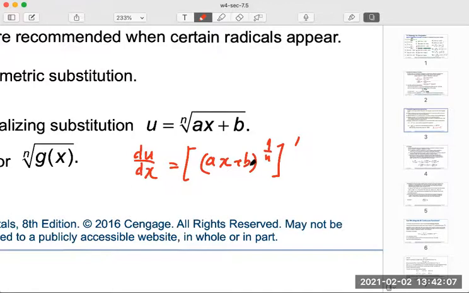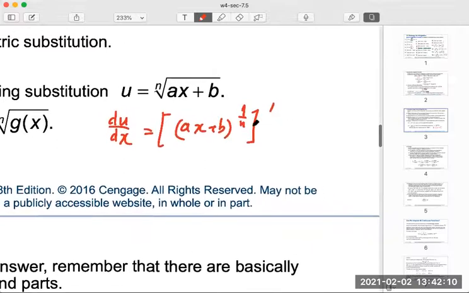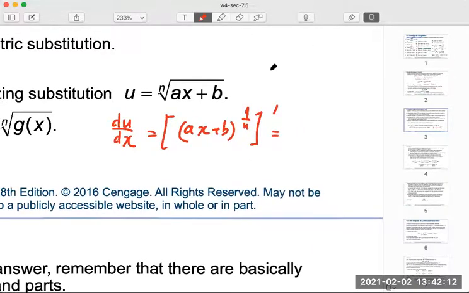And with the chain rule, what do we have here? You can take a look at the formulas I gave you. But remember, the derivative of x to the n will be n x to the n minus 1.